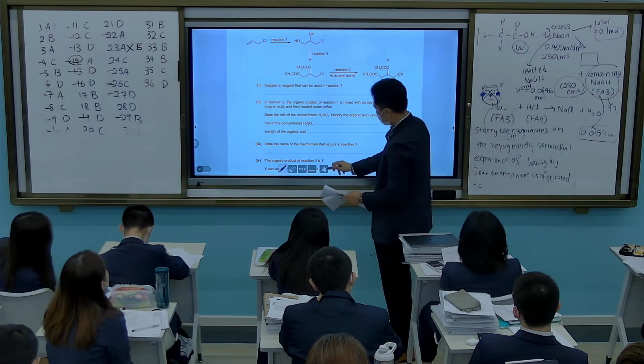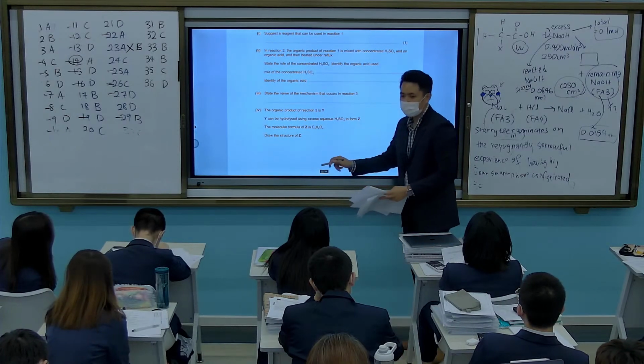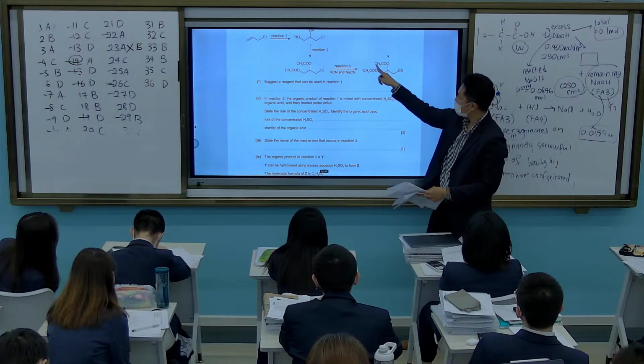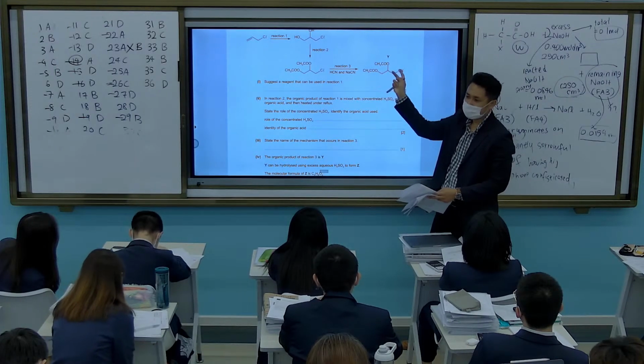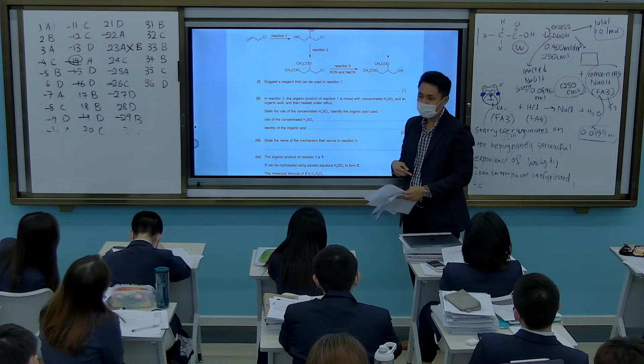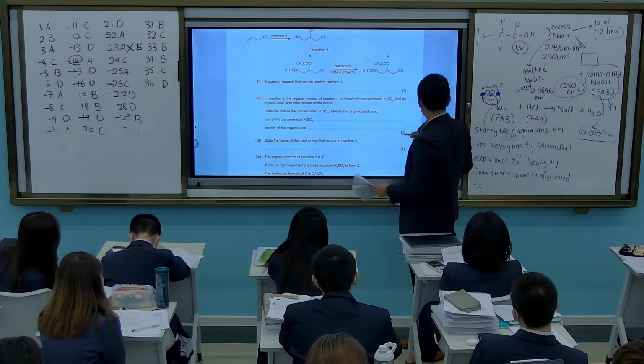Can you see here it becomes a 4. So it means 2 carbons will come out, because Y is the reverse of the esterification. Sorry, 8 carbons.